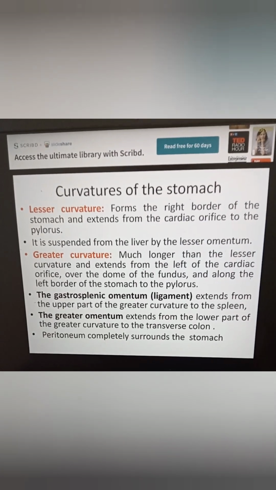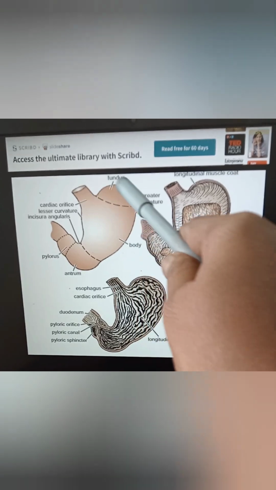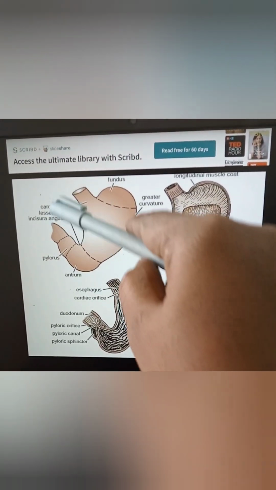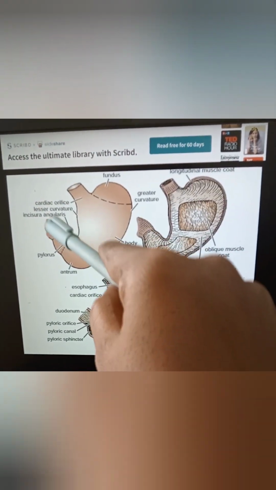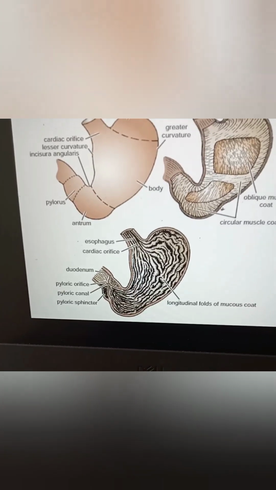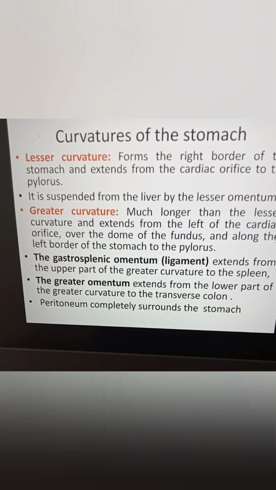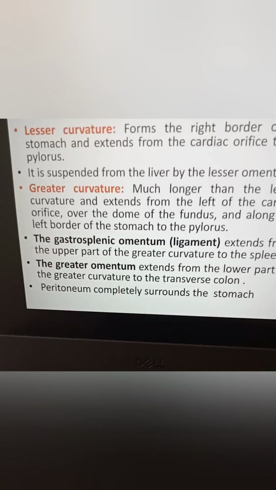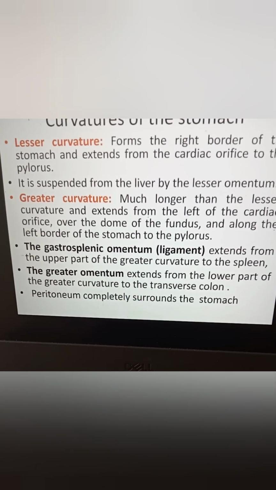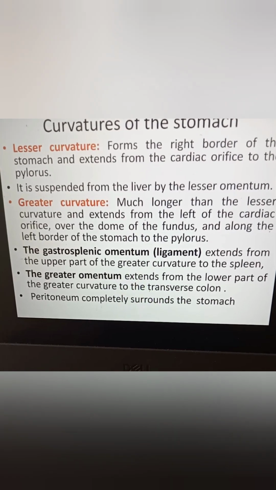Already I told you about the curvatures. When you speak about the stomach curvatures, the big one on the lateral side we call the greater curvature, and the small curve in the middle we call the lesser curvature. The lesser curvature is the right border of the stomach, whereas the greater curvature is longer than the lesser curvature and extends from the left of the cardiac orifice.